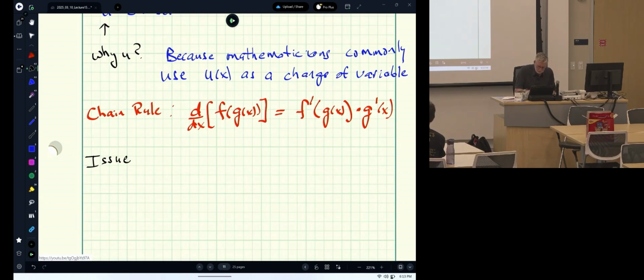So, issue is that, yes, if I go into this thing and I identify for you f prime and g prime, then you go, yeah, that's f composed with g plus a constant, okay? So this can be hard to recognize.